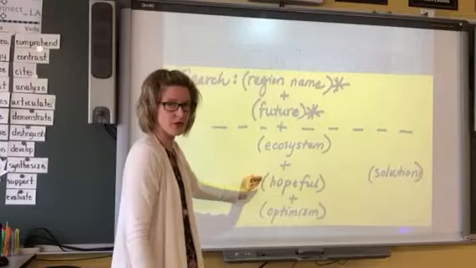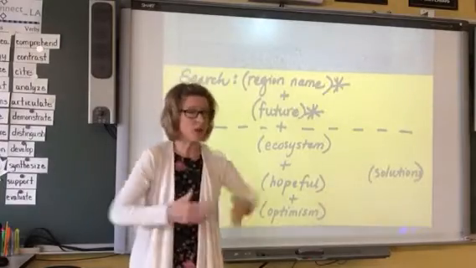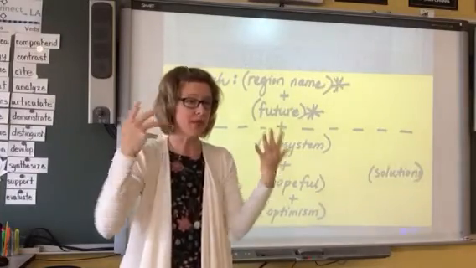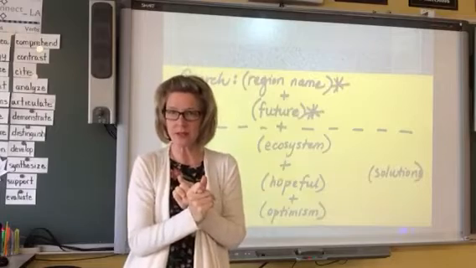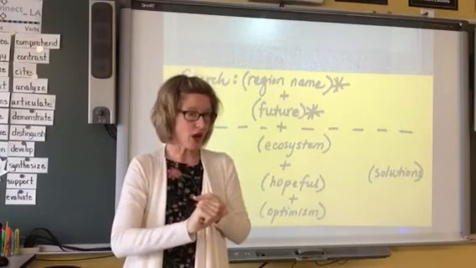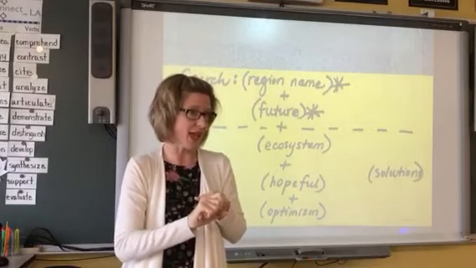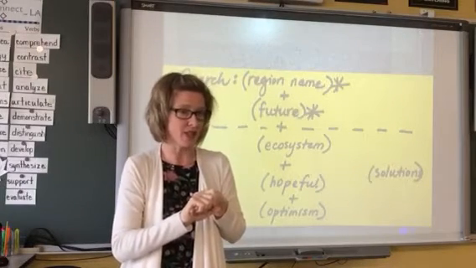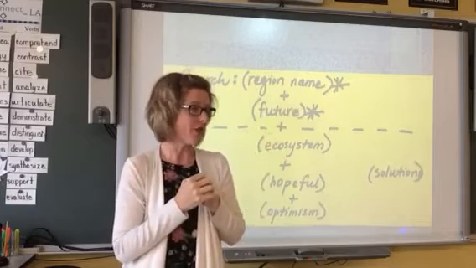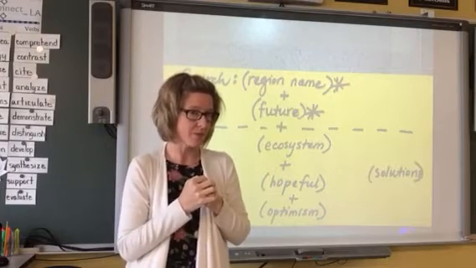Those would be your search words, your keywords. And then when you search, what will pop up are websites that are about the Himalayas, the future of those ecosystems, and a hopeful, optimistic perspective on the future of the Himalayas.